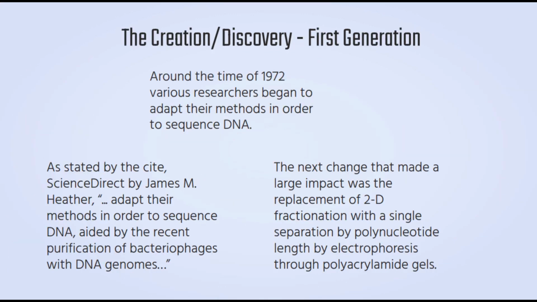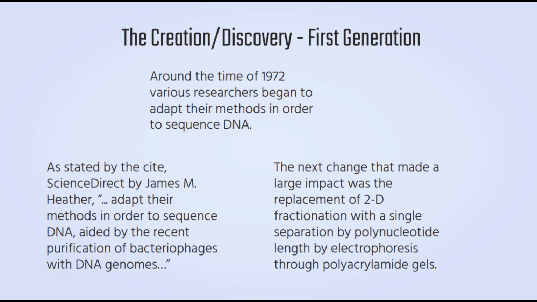The creation and discovery of the first generation. With genetic sequencing, there are 2 major dates: the first generation and the second generation. Around 1972, various researchers began to adapt their methods in order to sequence DNA.